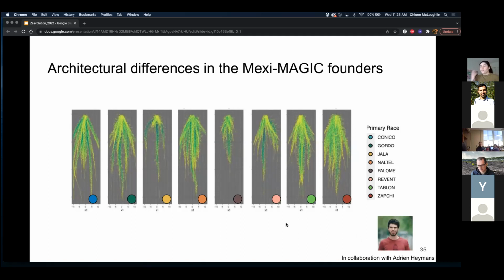And so we're also thinking about how architectural differences can inform us about these mechanisms for survival in limiting environments, even though today I did focus on anatomy. So we're thinking in broader terms also about how whole root architecture can scale up to inform adaptation to these limiting environments.